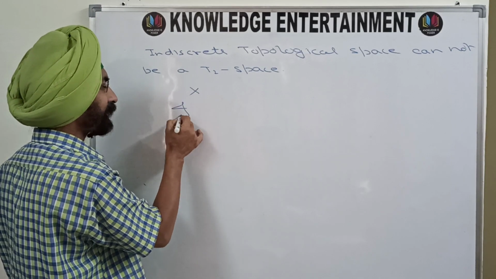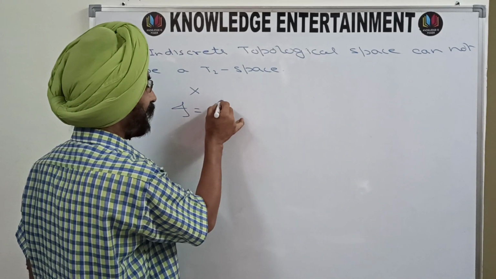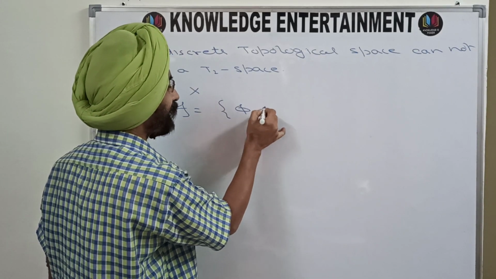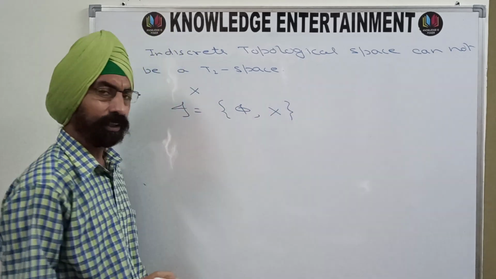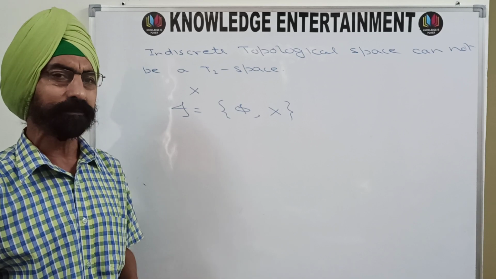So you have the indiscrete topology, and in the indiscrete topology there are only two open sets, phi and the set X itself. There is no third open set.